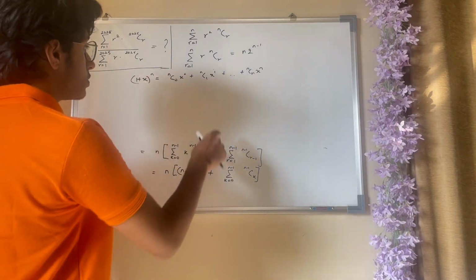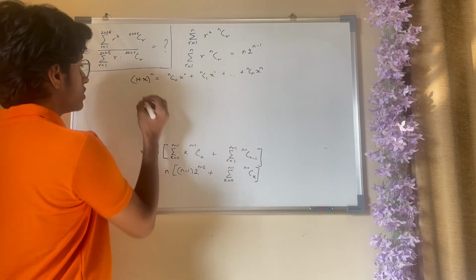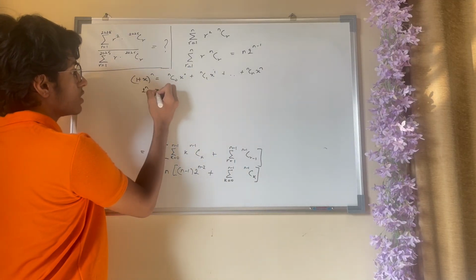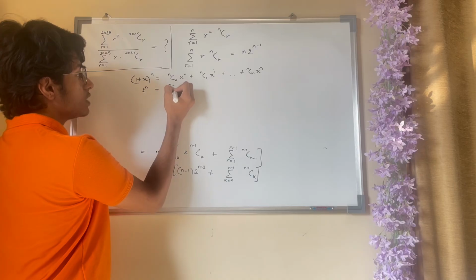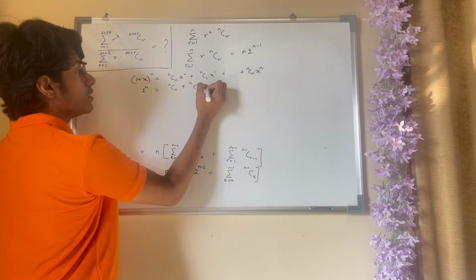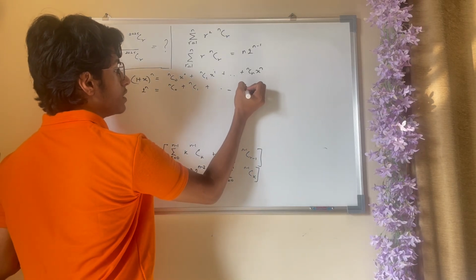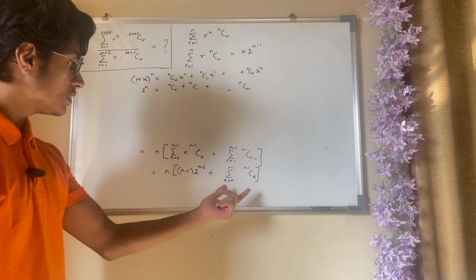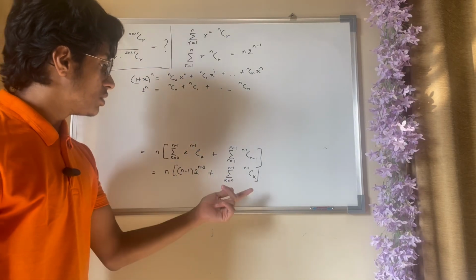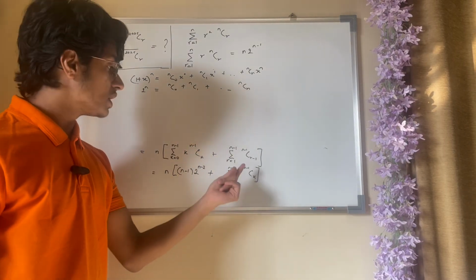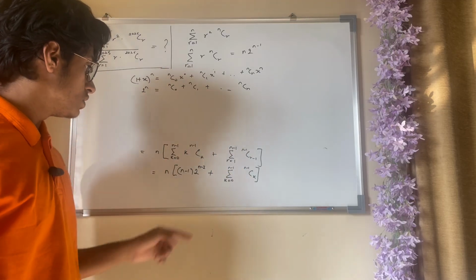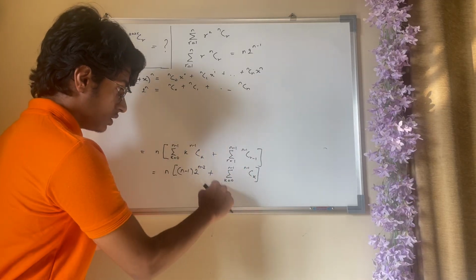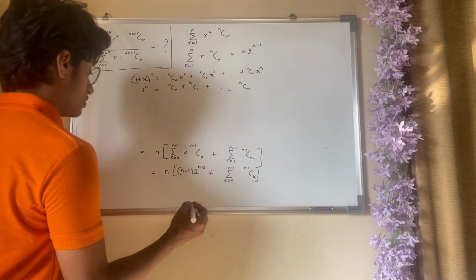When we substitute the value of x as 1, we get 2 power n is equal to nC0 plus nC1 till nCn, and this is the same as our sum, but with n minus 1 in place of n, so the value of this sum will be 2 power n minus 1.